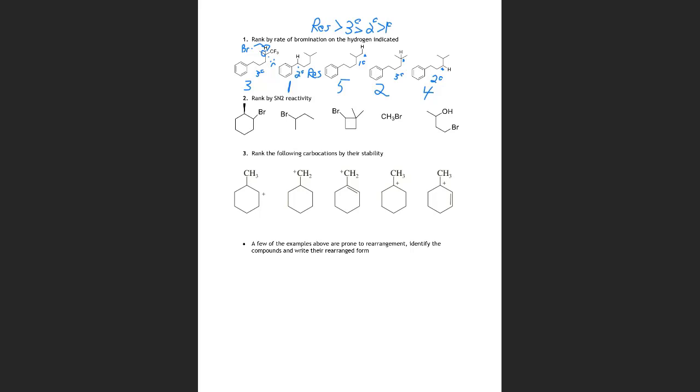Resonance trumps tertiary, even if the resonance is on the secondary carbon. Yes, so resonance is the best. And then usually we have to compare what our resonance actually does. So benzene is great because we've got a lot of resonance. If we just had 1 double bond, you have to compare both forms of the resonance.